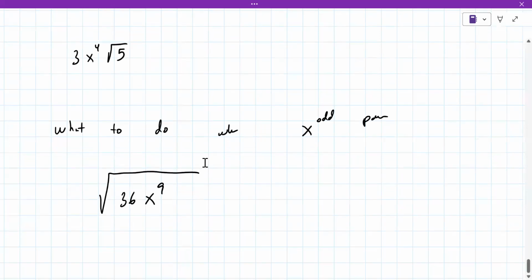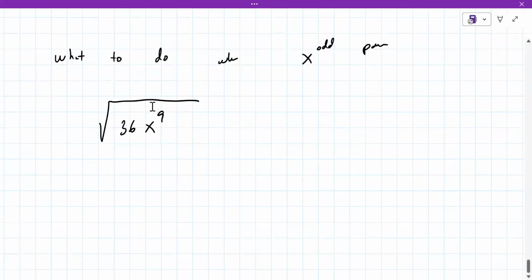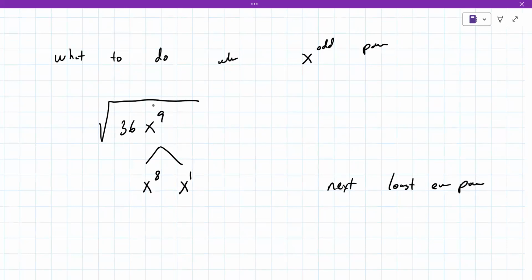The answer is that you make the x to the 9th into the next lowest even power. So it's x to the 8th times x to the 1. So this is really the square root of 36 x to the 8th x to the 1.